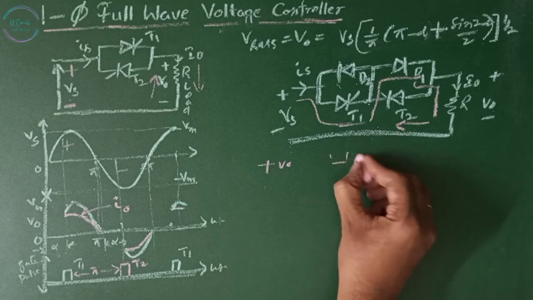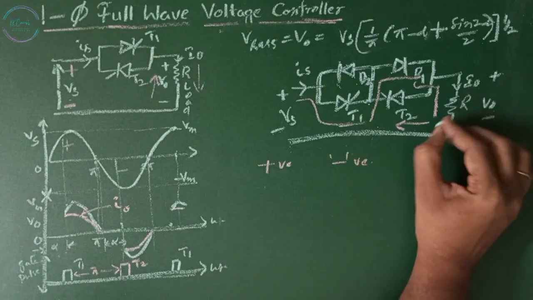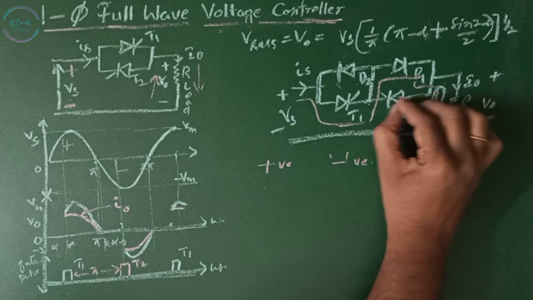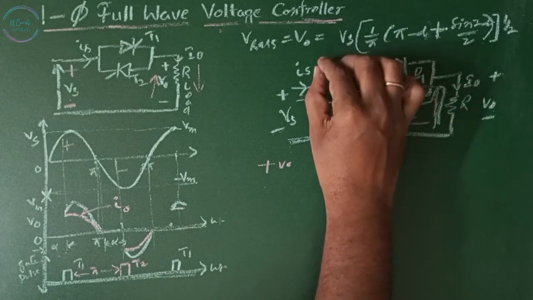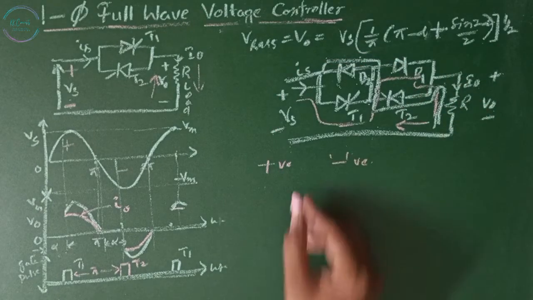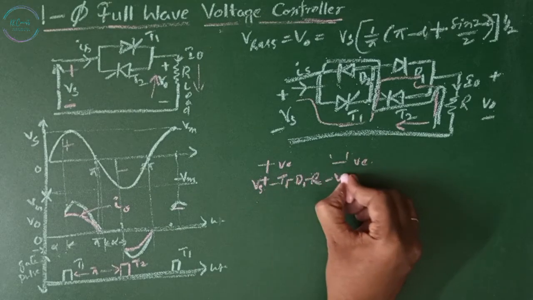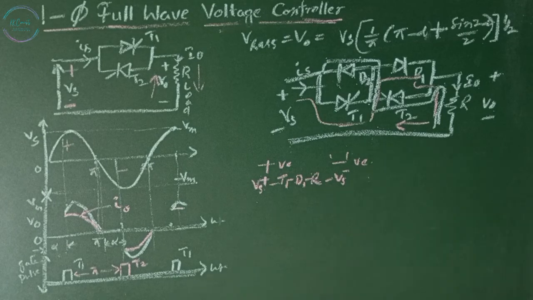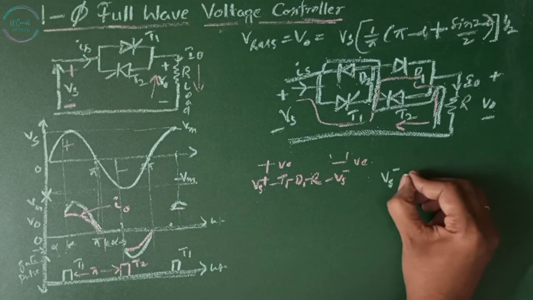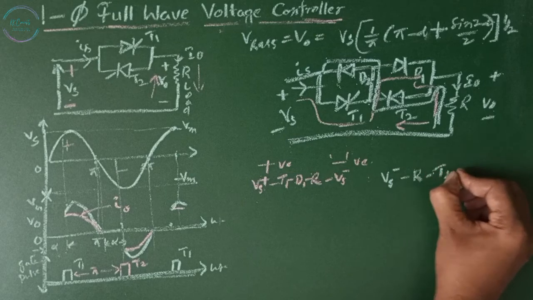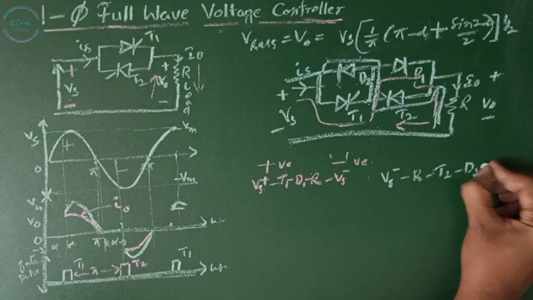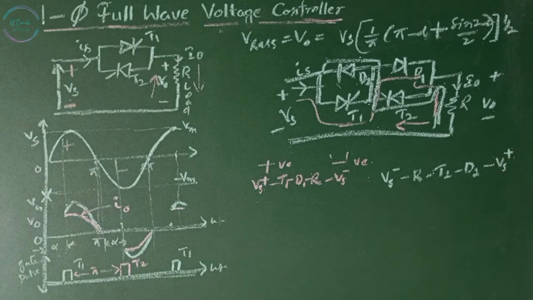In the negative half cycle, the power is going to flow through the load to T2 to D2 to the supply. So you can write this as Vs positive, T1, D1, back to Vs negative in the positive half cycle. In the negative half cycle, Vs negative, T2 and D2 to Vs positive. Since this circuit has a common terminal for the gating signals of T1 and T2, here we need only one isolation circuit, but at the expense of two power diodes.